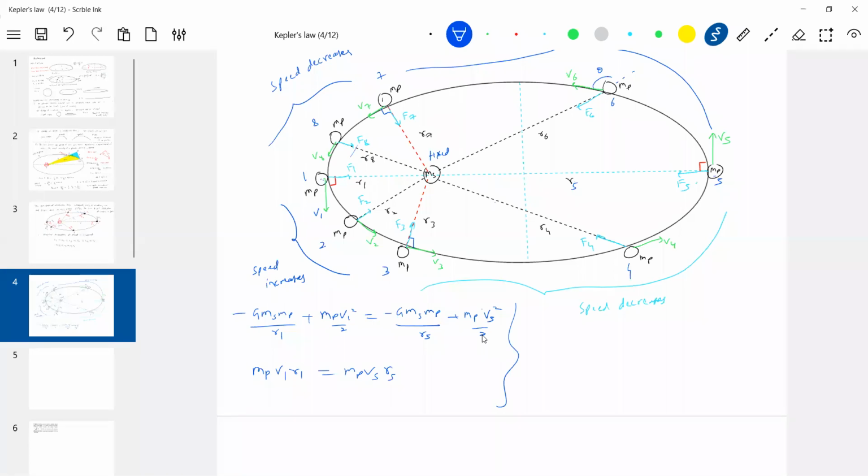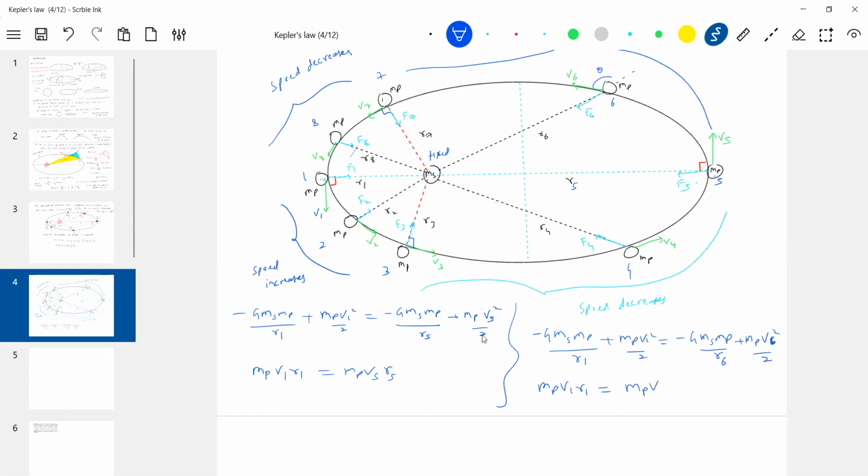Now let's write between 1 and 6. What is the gravitational potential? minus G Ms Mp / R1 plus half Mp V1 square is equal to minus G Ms Mp / R6 plus half Mp V6 whole square. Don't think that only 1 and 5 I can write; I can write it between any 2 points. What about the angular momentum? It's considered. So Mp V1 R1 sine theta.